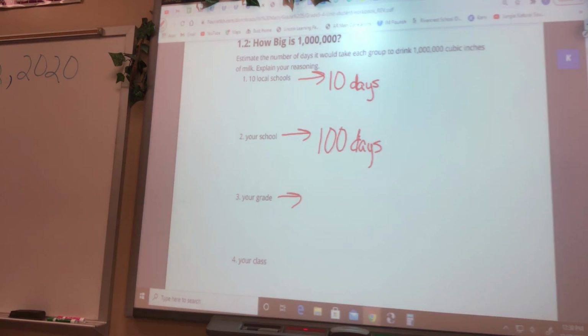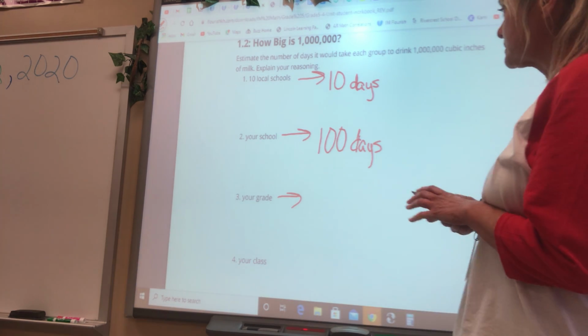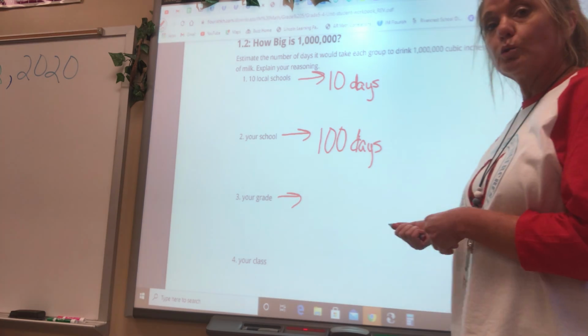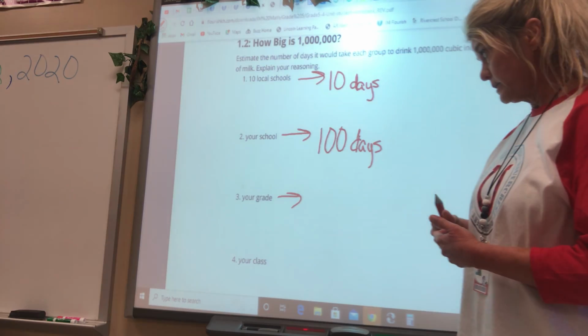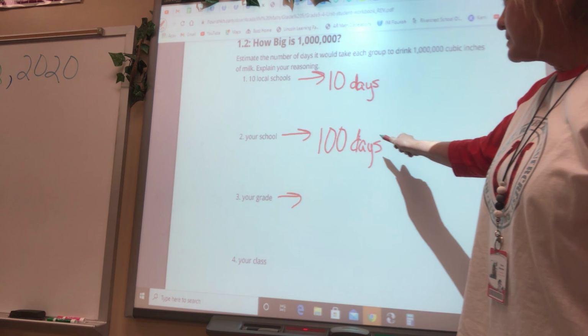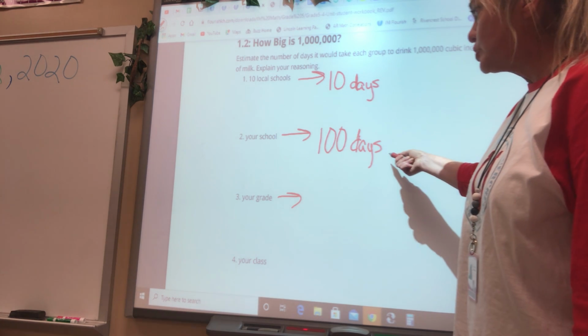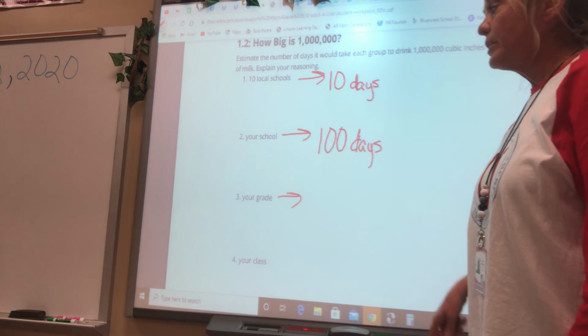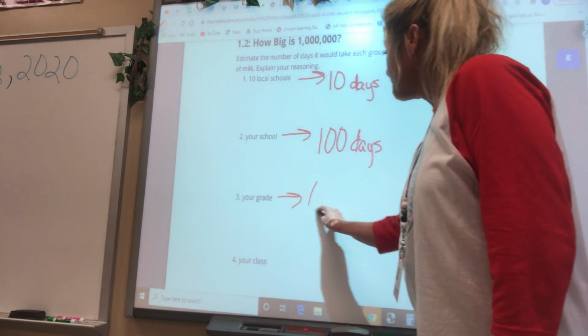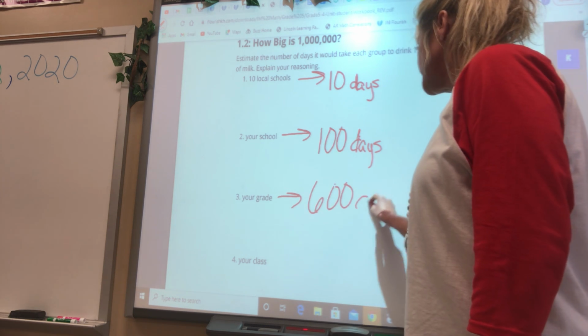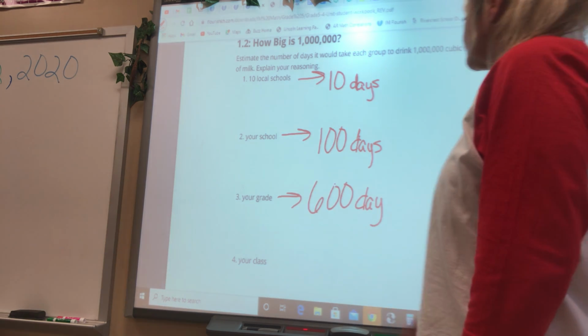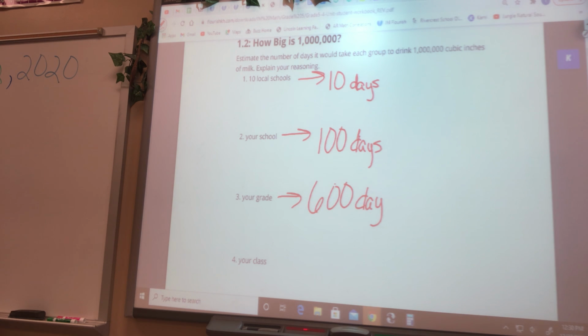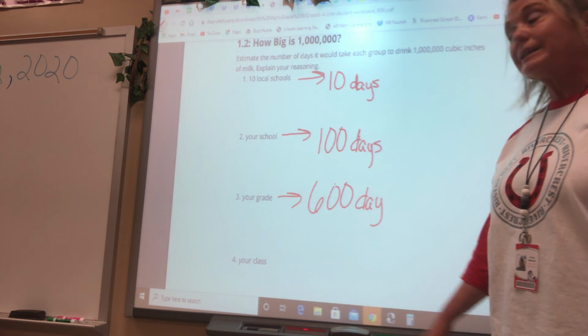And then it breaks us down into your grade. I told us a few minutes ago that this school has 6 grades. So if it takes the school 100 days and there are 6 grades, then it would take each grade 600 days. Okay, and then it asks us about your class.